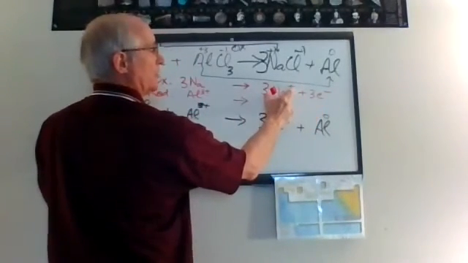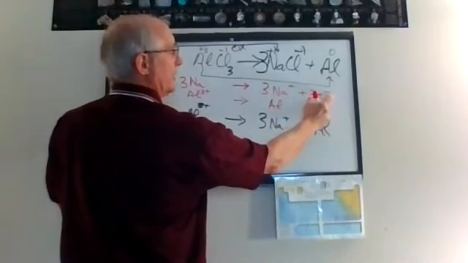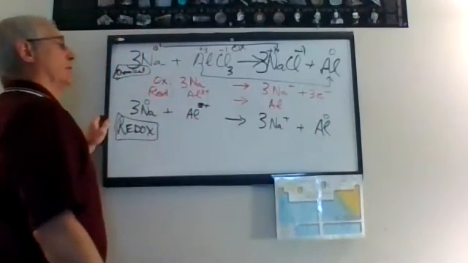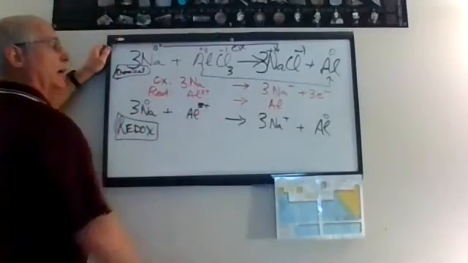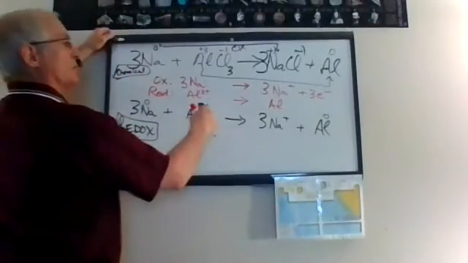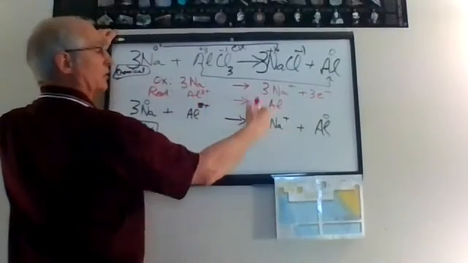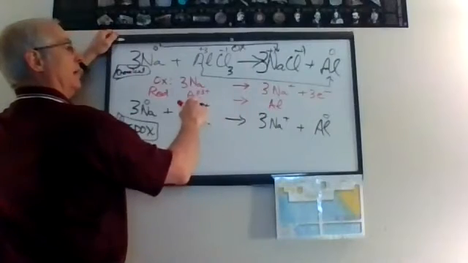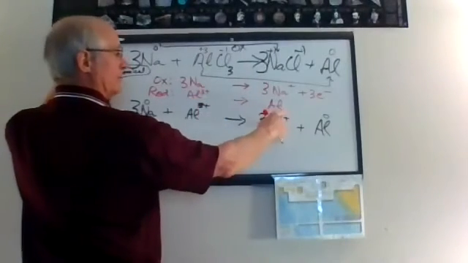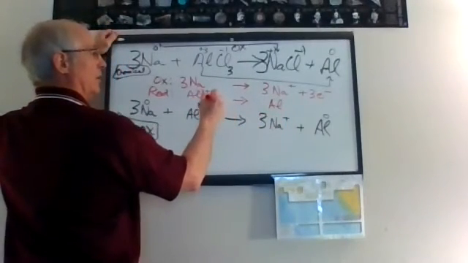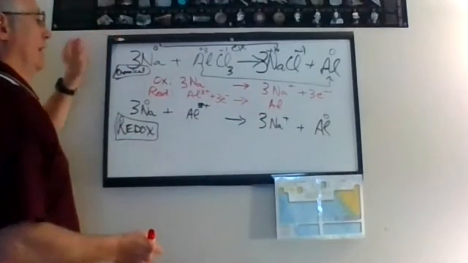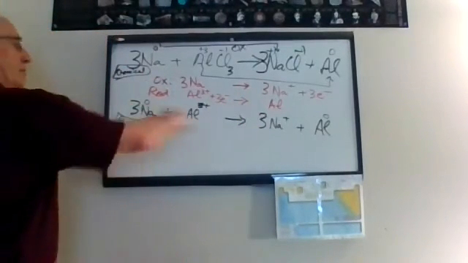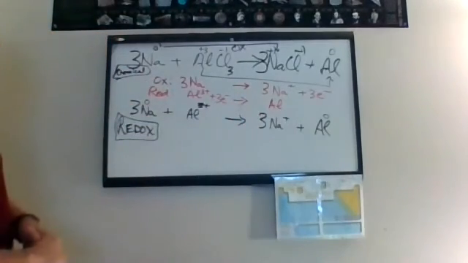Because 3 positives plus 3 negatives is 0. And guess what? I bet there's going to be plus 3 electrons over here. We got 1 aluminum, so that's good by mass. And we got positive 3 over here, we got 0 over there, so we got to have 3 electrons. And that is how they get to the net ionic redox.